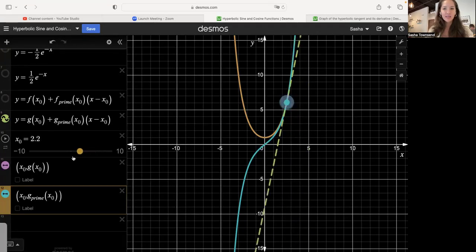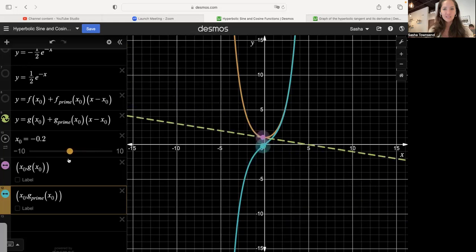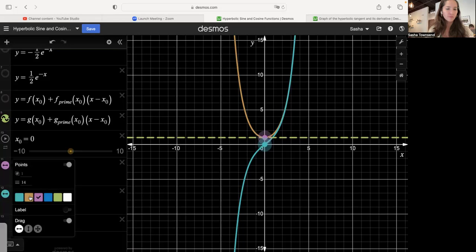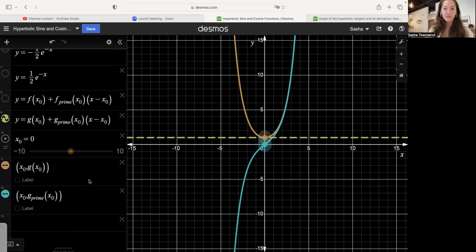If we move that slider, we can look at the tangent lines at various locations on the curve. So there at the bottom, the slope of the tangent line is 0.